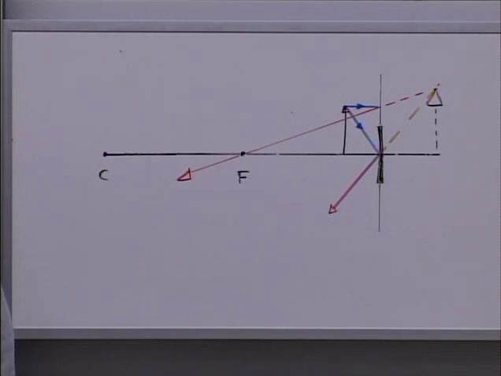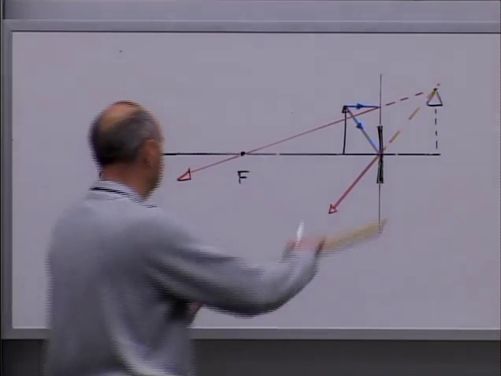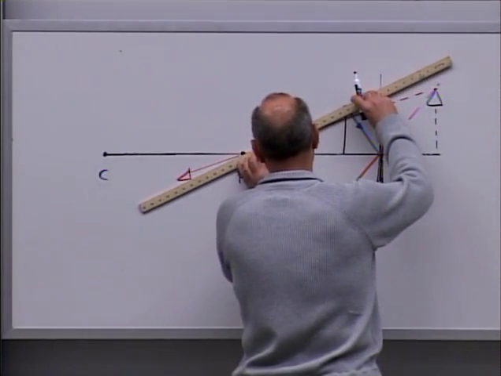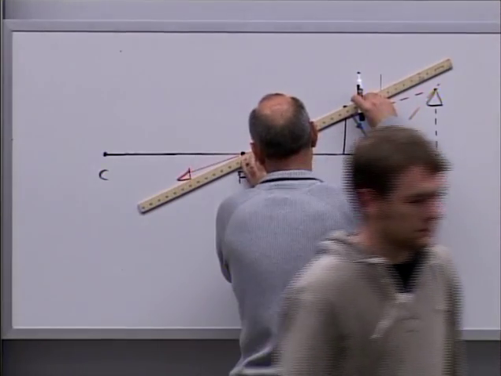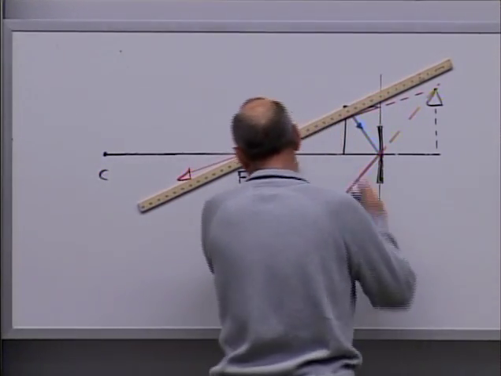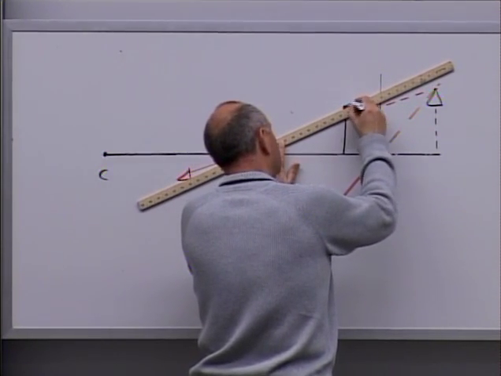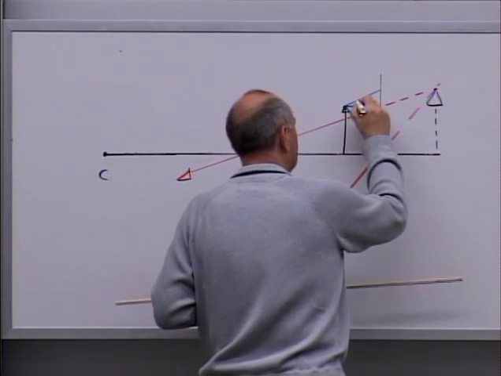Now, some of you actually used also the object focal ray. Also, object focal ray is a ray which, the ray or its extension, will pass through the focal point. So it means that this is the focal ray.